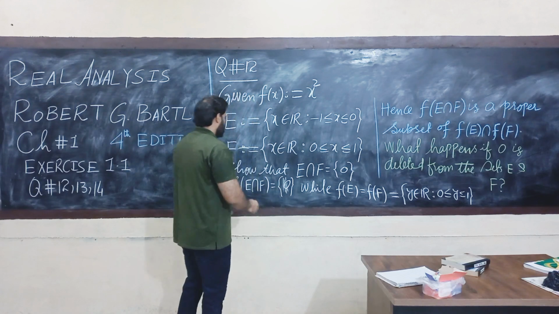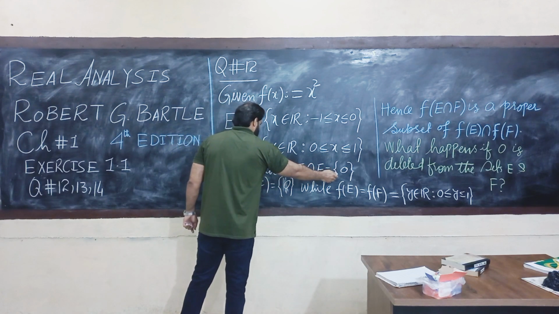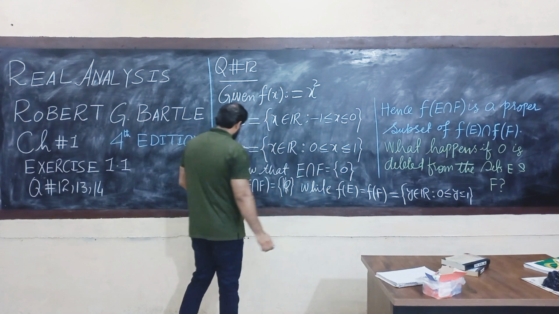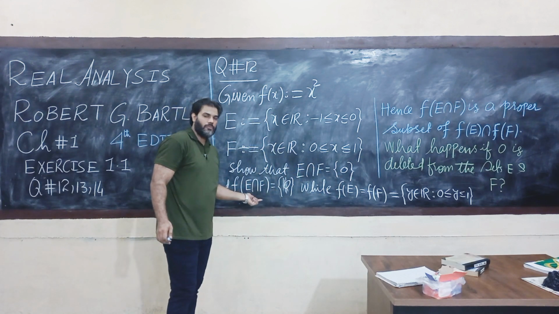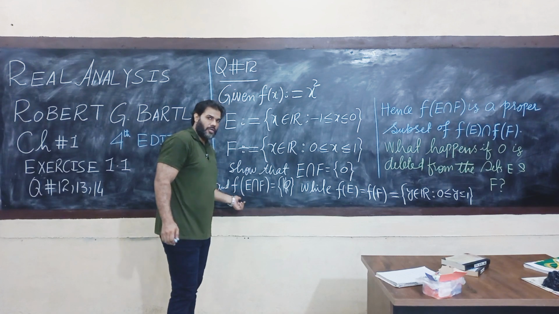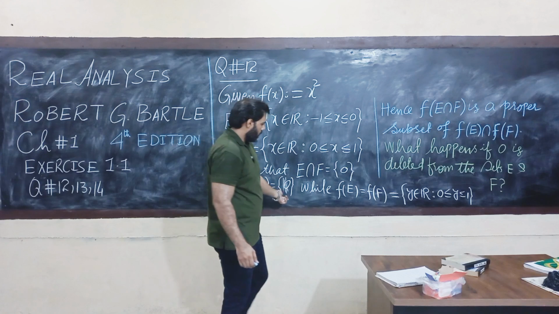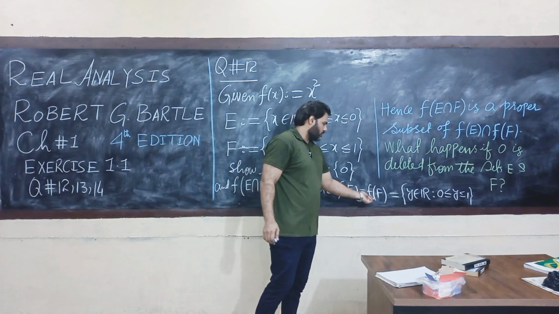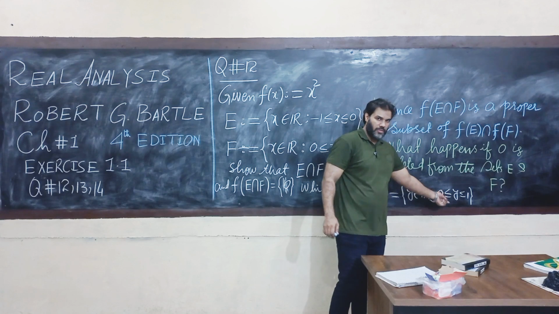The first question is, show that the intersection of E and F is a singleton set that just contains 0, and the f of E intersection F, that is the direct image of their intersection under mapping f, is the 0 set, while f of E is equal to f of F, and this is equal to the closed interval 0 to 1.